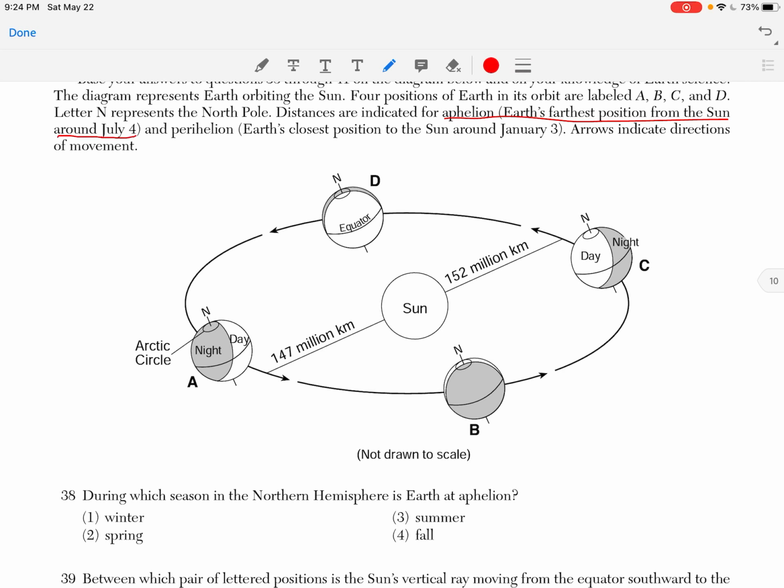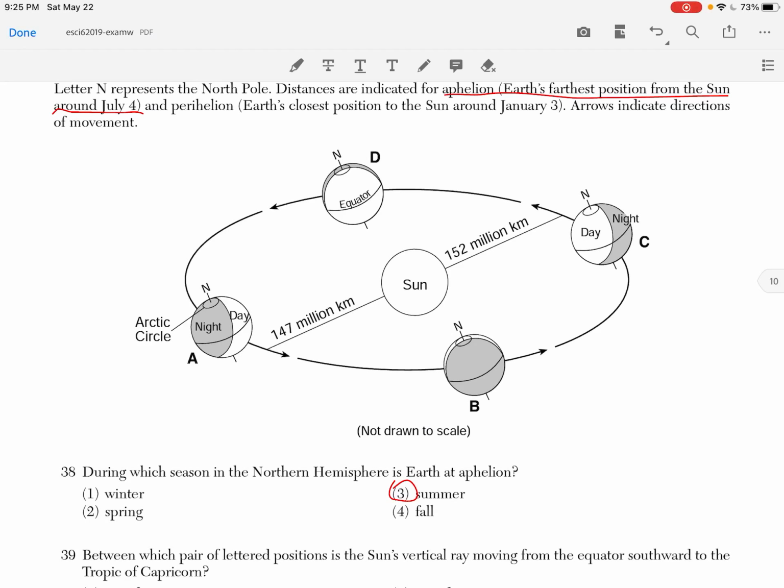So you don't even really have to analyze the diagram for that because you know July is in the summertime. So even though we're really far away from the sun, it's still summertime in the northern hemisphere. And remember, seasons have nothing to do with our distance from the sun. It's all about our tilt away from vertical, which we're going to get to in a second. So that's number 38.